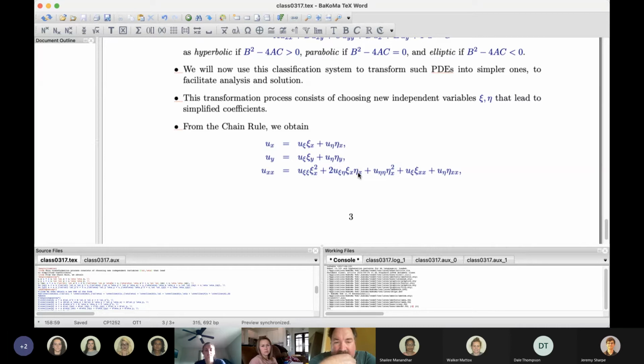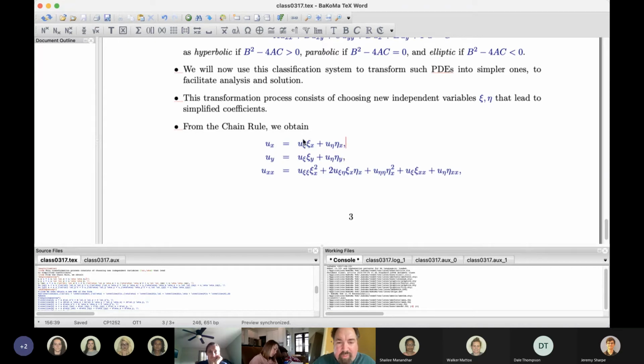But when I'm differentiating with respect to x, these are differentiated with respect to x also, and that's what leads to ξ_xx over here. So really what's happening is, when I take a derivative with respect to x, I'm going to have the product rule.